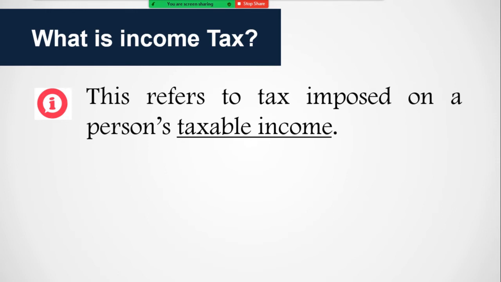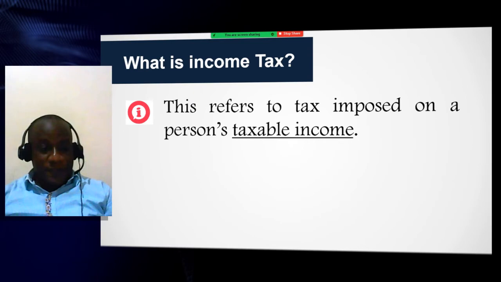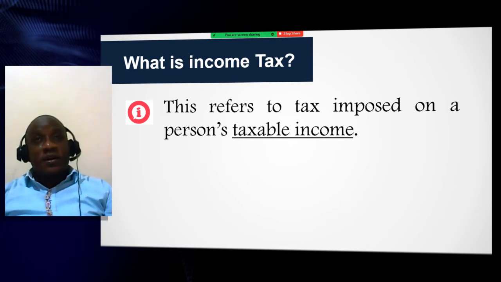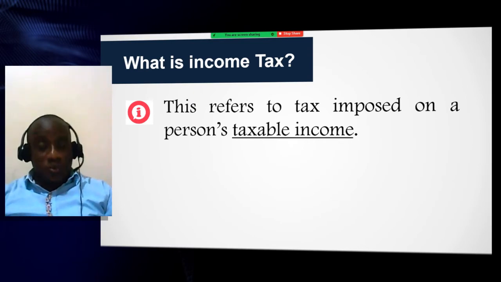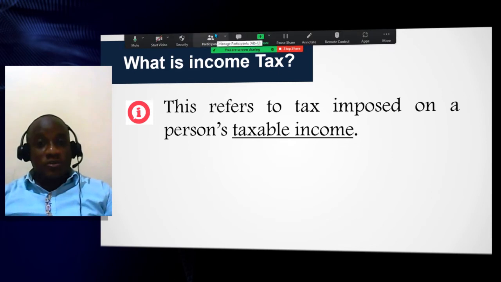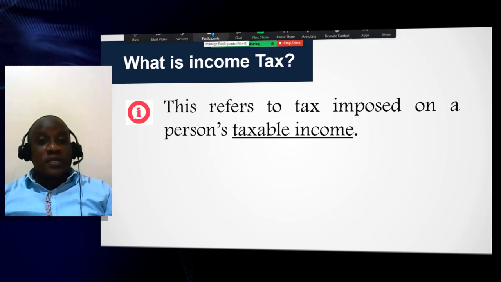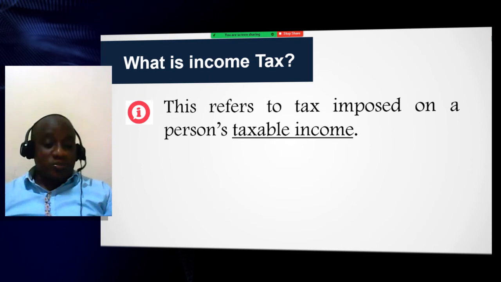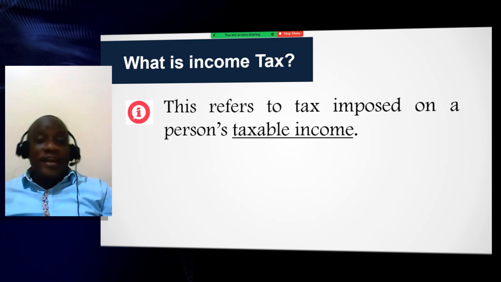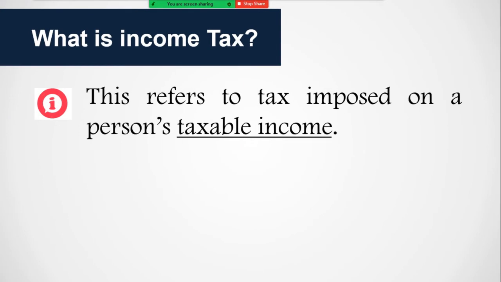Now, all taxes are supposed to be collected under the guidance of the tax law. Article 152 subsection 1 of the Constitution of the Republic of Uganda stipulates that no tax is supposed to be imposed on the citizens of Uganda unless there is an act of parliament, unless there is a legal framework.